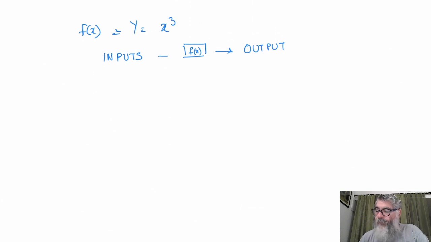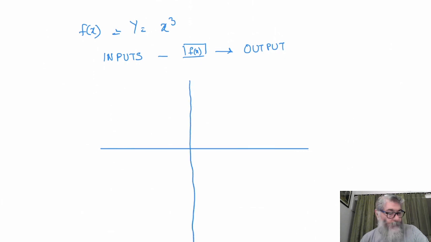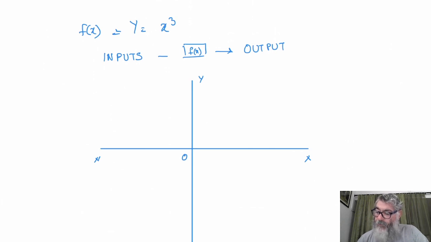I will first draw the axes. These are O, x, x dash, y, and y dash. Now the graph of the cube is something like this.